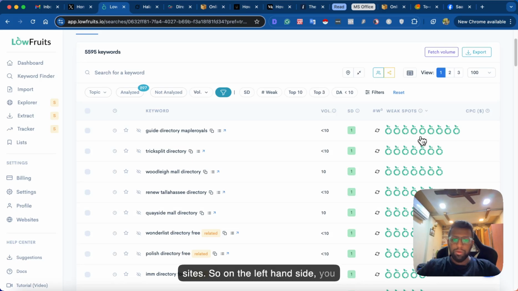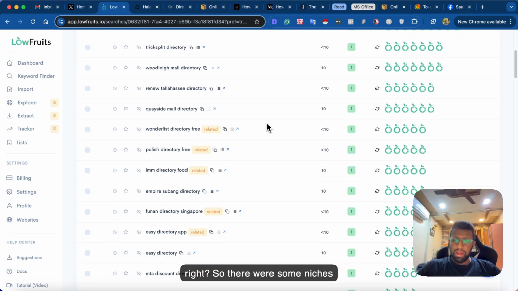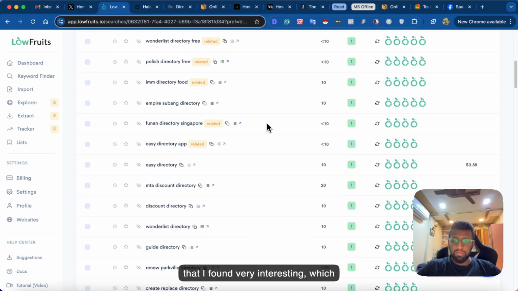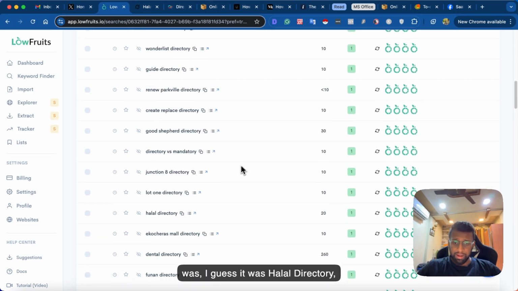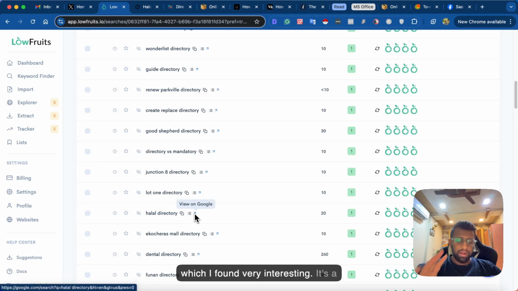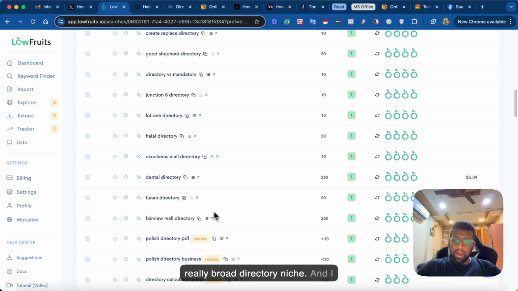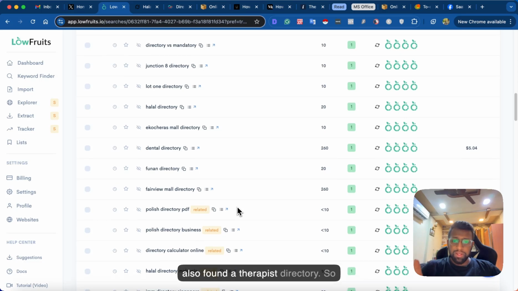On the left hand side, you can see all the directory niches. There were some niches that I found very interesting, I guess it was halal directory, which is a really broad directory niche, and I also found a therapist directory niche.